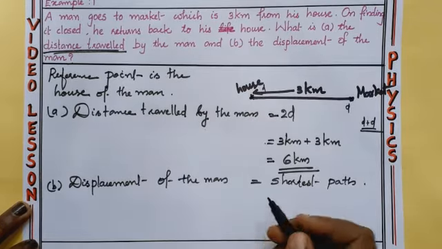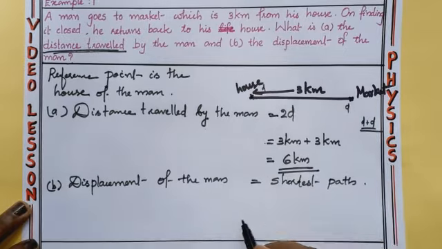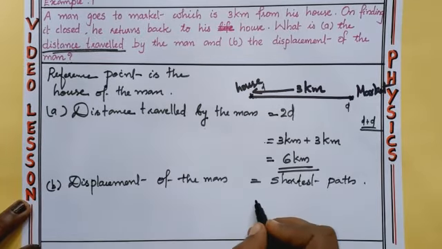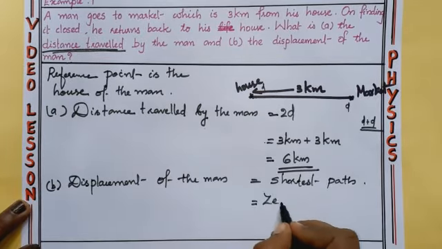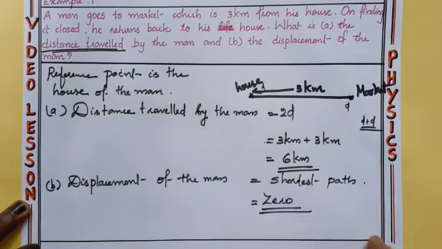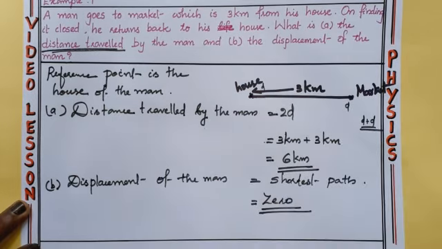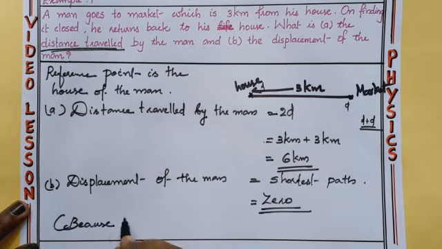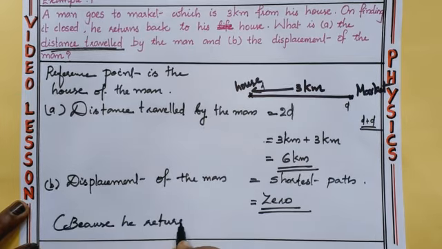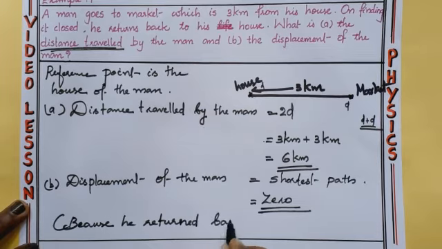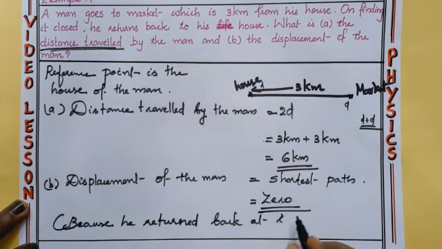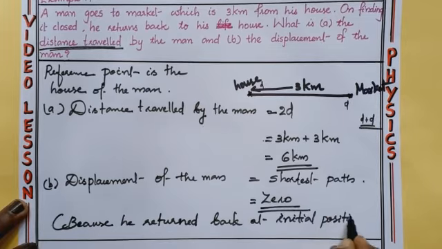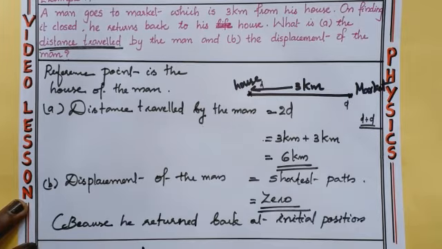So when the initial and final points are the same, the displacement becomes 0. Shortest path is 0, that means 3 kilometers minus 3 kilometers is 0. Then we can write the reason: because he returned back to the initial position, that is, to his house.